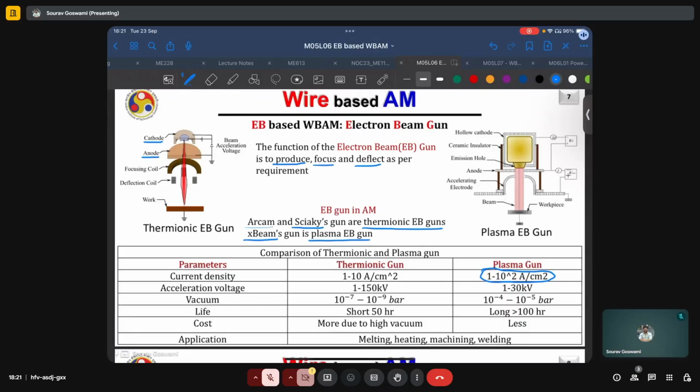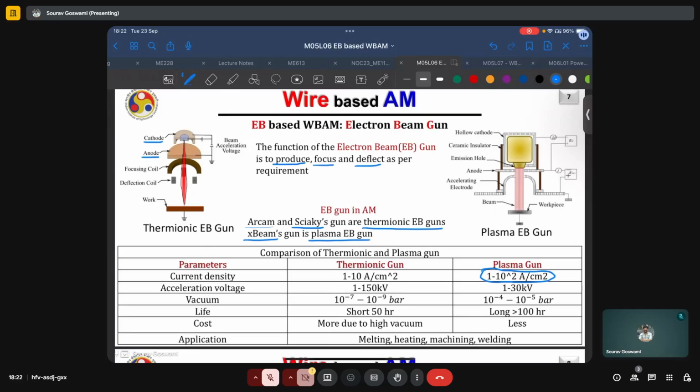The requirement of vacuum in the case of a thermionic gun is high. Typically, you would require 10 to the power minus 7 to 10 to the power minus 9 bar of vacuum, whereas in the case of a plasma gun, a moderate amount of vacuum, typically between 10 to the power minus 4 and 10 to the power minus 5 bar is needed. Thermionic guns also tend to have shorter lives.